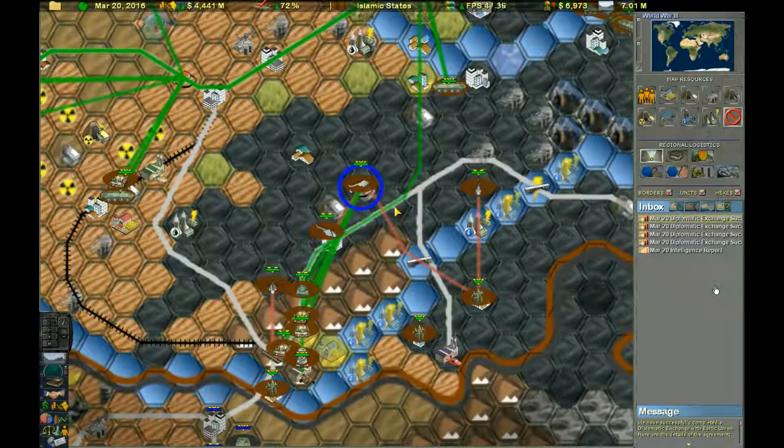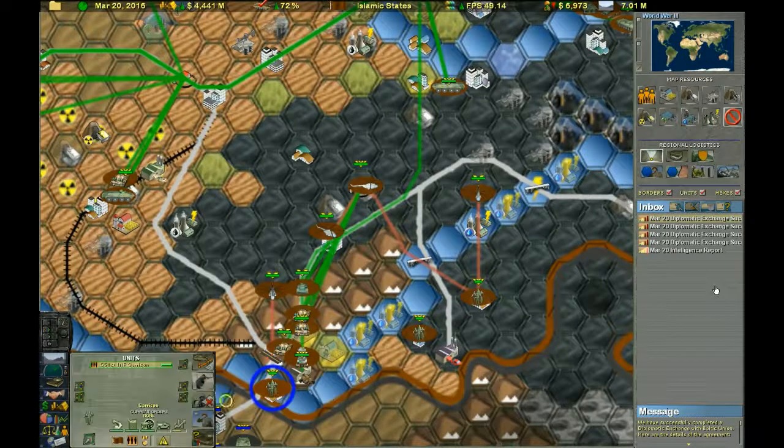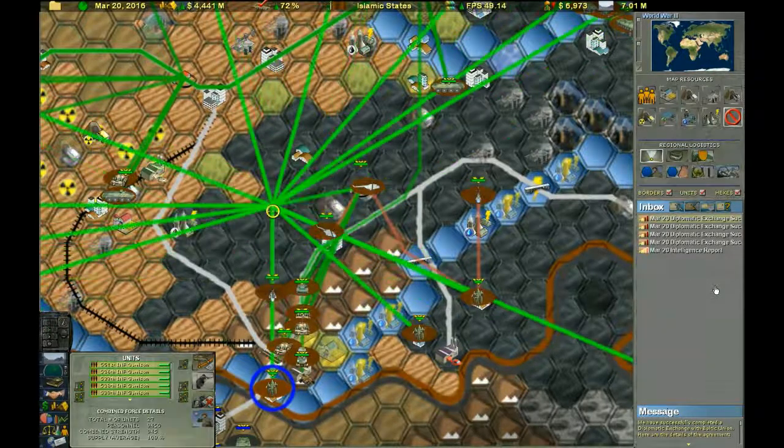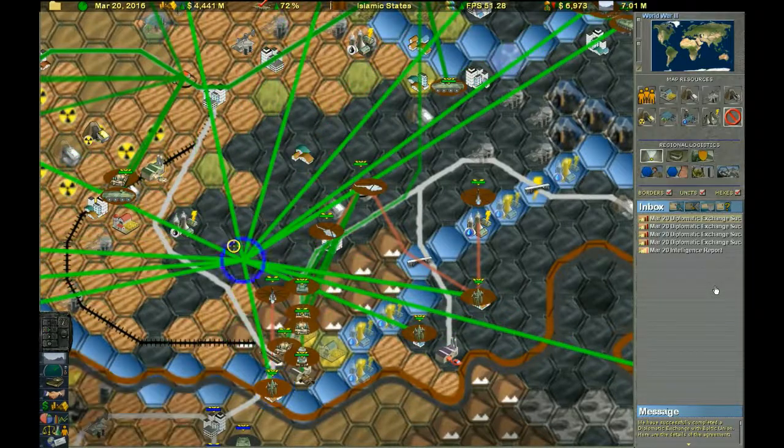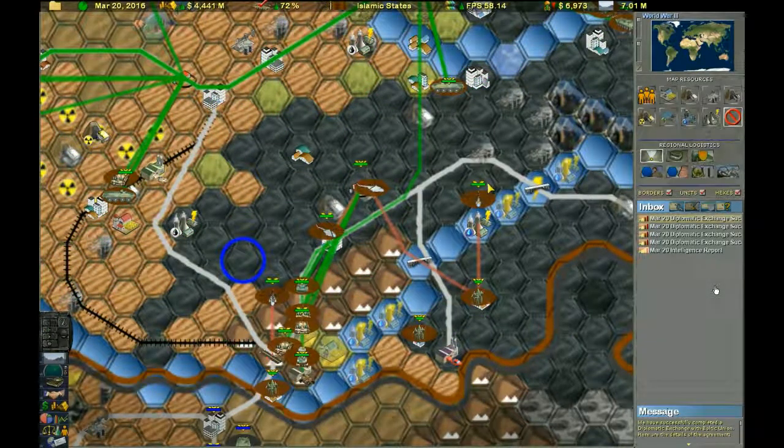There he goes, and this is the unload command. That's the spider web that demonstrates the distribution of the fielded garrison units.